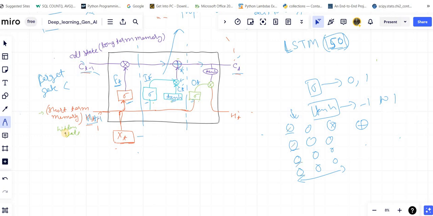So if you pass LSTM 50, it means there will be 50 neurons. Yes, there are four neural networks: one, two, three, four. And in all four neural networks, there will be 50 neurons.